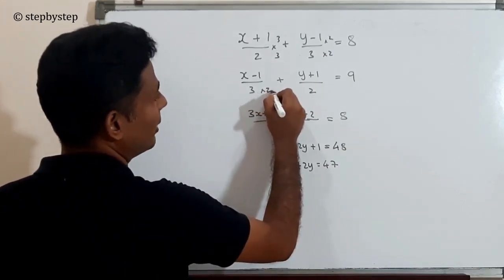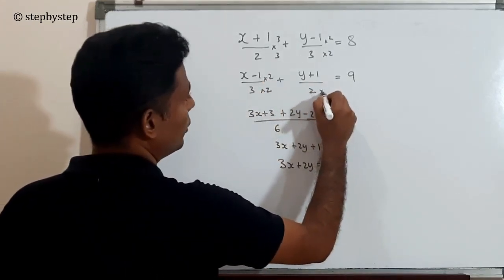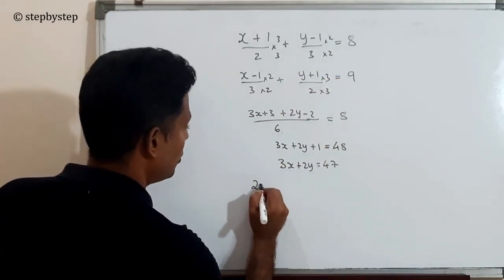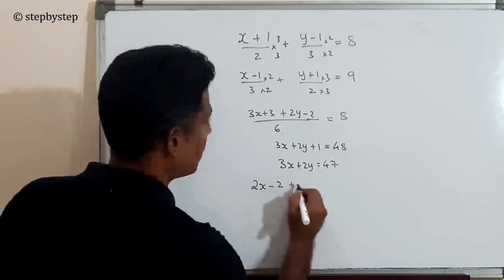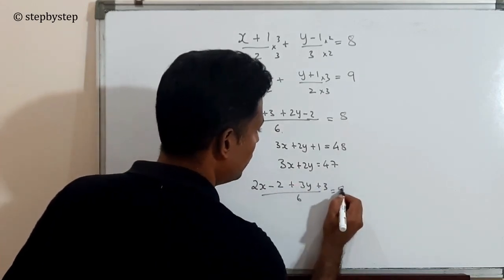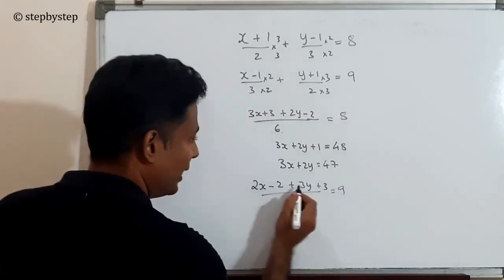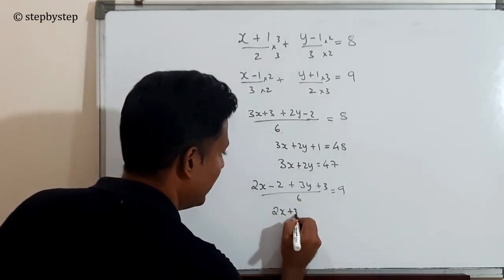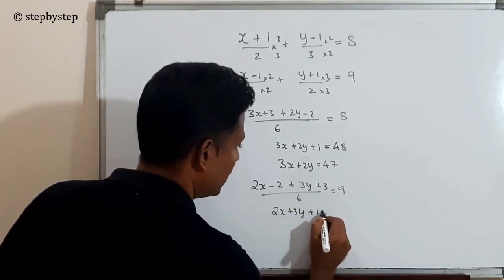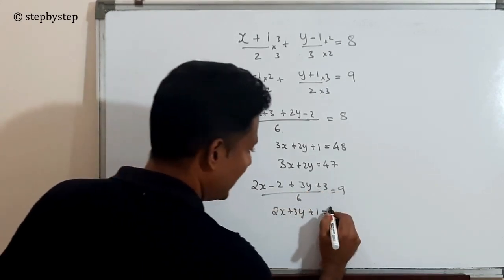Again here the LCM is 6. So into 2, into 2, into 3, into 3. So I'll get 2x minus 2 plus 3y plus 3, whole by 6 equal to 9. Now 2x plus 3y minus 2 plus 3 plus 1 equal to 6 into 9, 54.